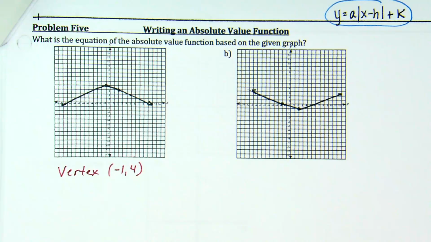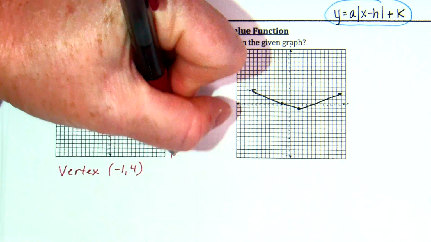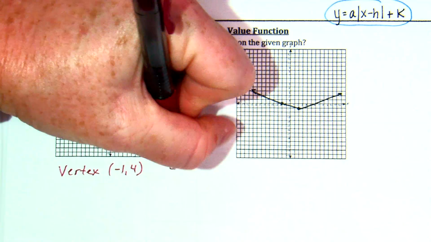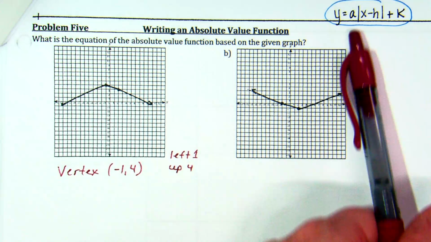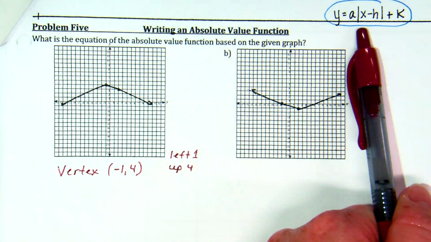It went left 1 and up 4. Okay. Think, what else is it that we need to know? Okay. Well, do we have to talk about the axis of symmetry here? You can, but we have to know the vertex, like how far left or right and up or down we go. What else do we have to know to write an equation? Yeah, we're going to have to talk slope. We have to know that a value. Okay?